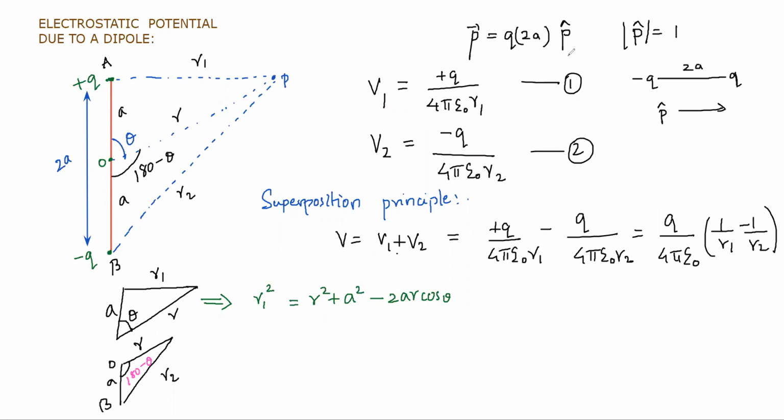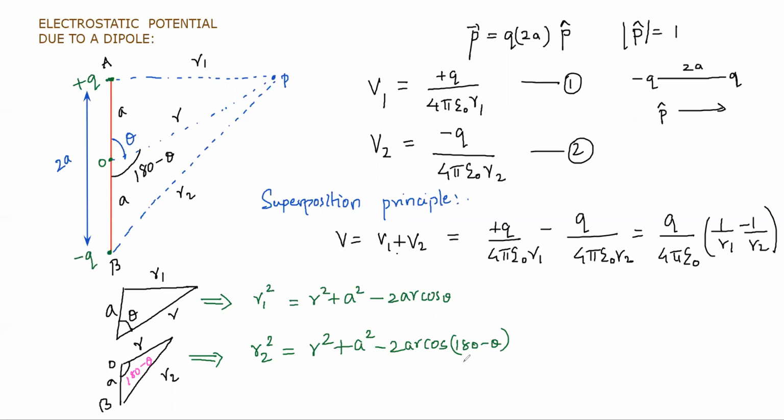Now we can do as earlier, so that will give us R2 square equal to R square plus A square minus 2AR cos of, now it is not theta, it is 180 minus theta. So you can check it. 180 minus theta is in the second quadrant.